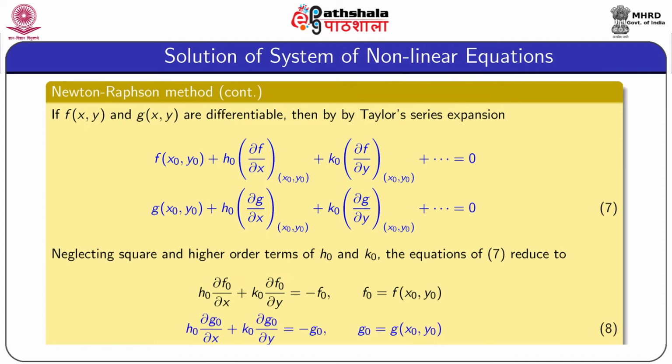Similarly, from the second equation of 7, we obtain h0 ∂g0/∂x + k0 ∂g0/∂y = -g0, where g0 equals g at (x0,y0). Note that all the partial derivatives are evaluated at the point (x0,y0).